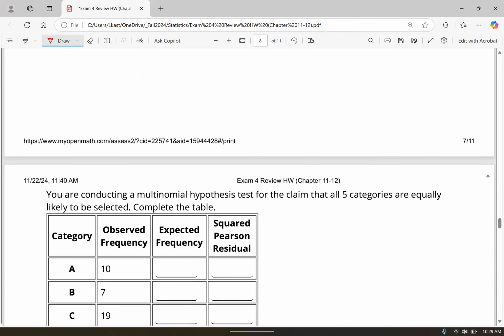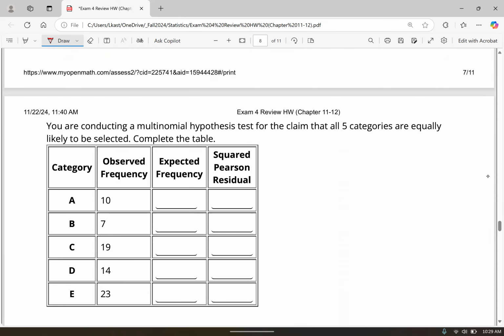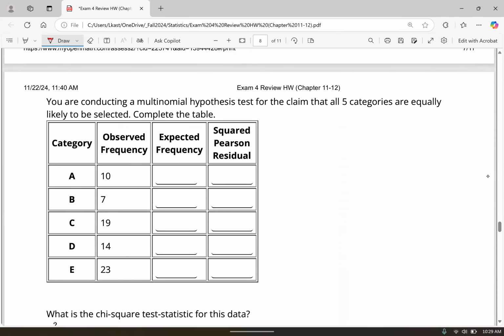I'm going to give those of you who got a really lousy copy of this a chance to write this down. We've got 5 categories, A, B, C, D, and E. And in each of those categories, we have category A, 10, category B, 7, category C, 19, D, 14, and E, 23.